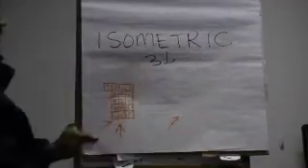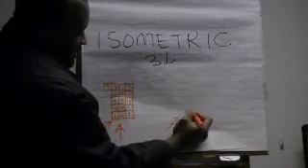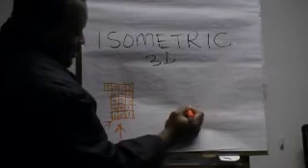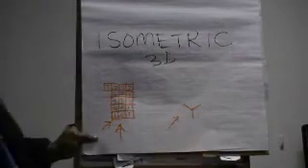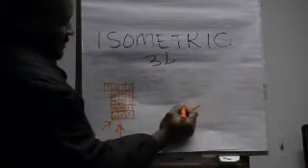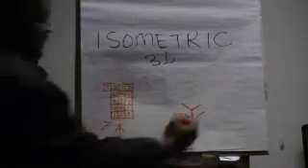Now, 3D drawing means there's 3 dimensions. So at every point, there's going to be 3 dimensions on every vertex. So we're going to have a length, a width, and a height. So that's what this would look like.